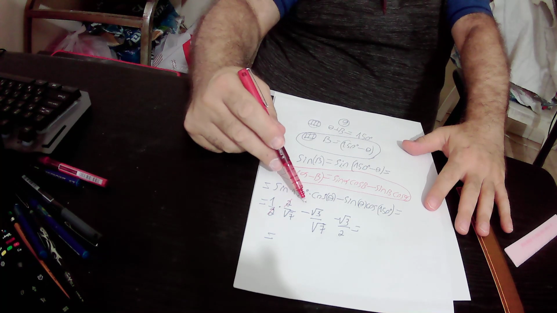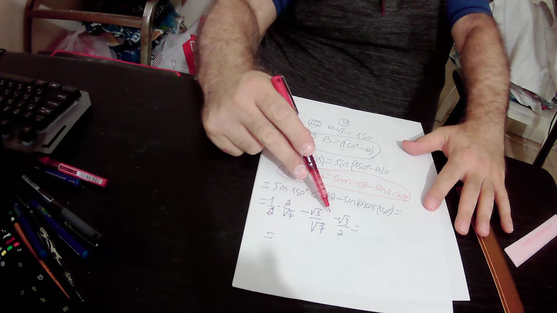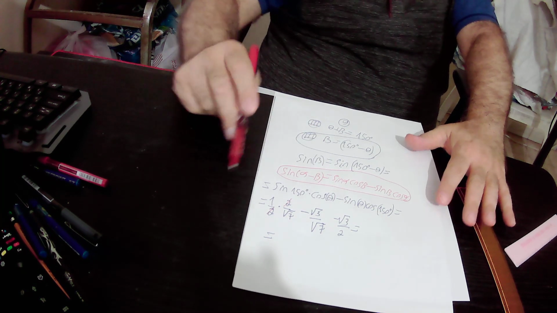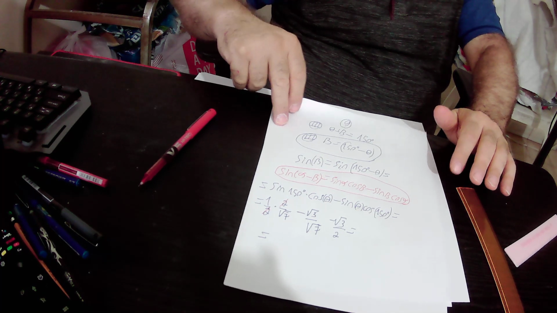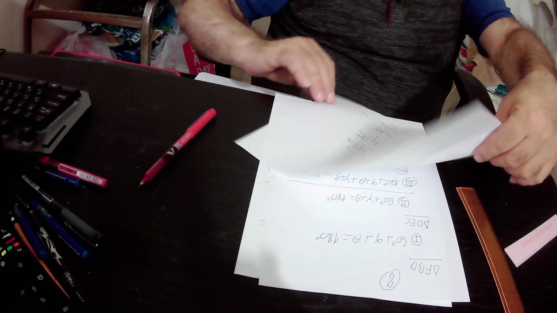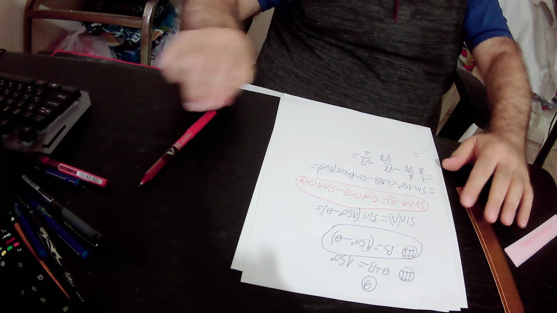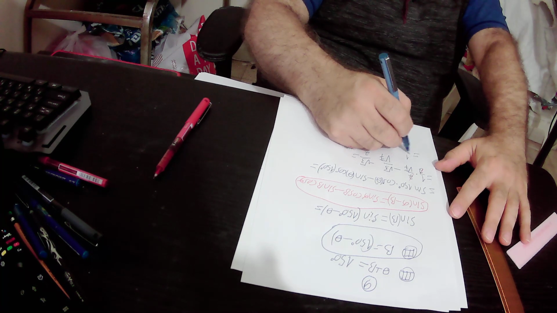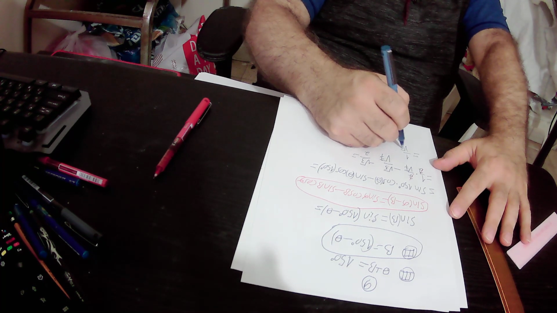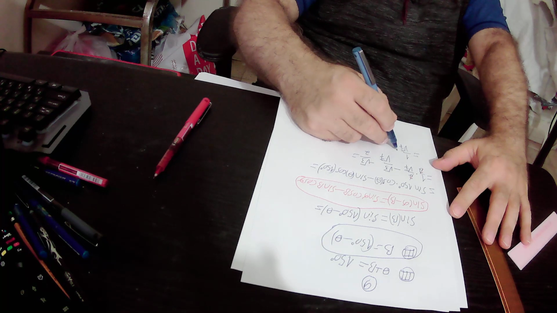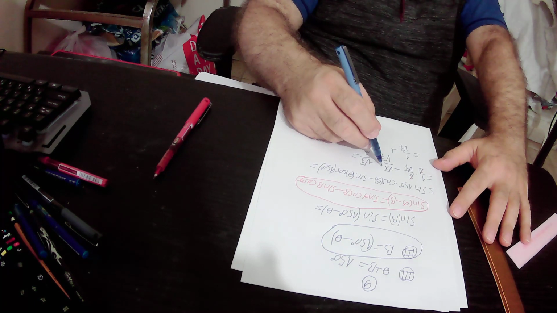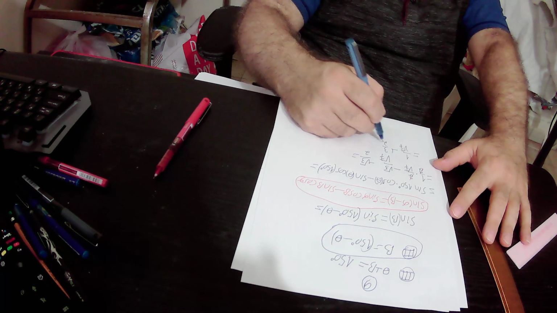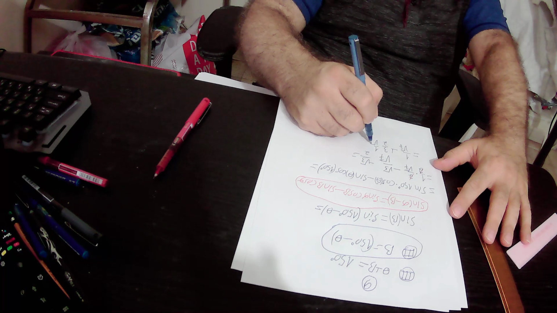And we have here minus times minus, which is plus, and root 3 over root 3 is 3. After we cancel 2, what is left is 1 over root 7, and minus times minus is plus. Root 3 times root 3 is 3. So we have 3 over 2 times 1 over root 7.